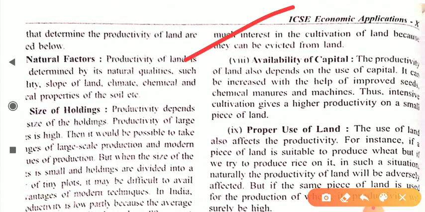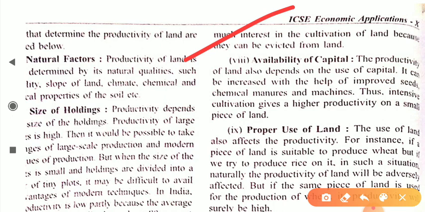Okay, dear student, so ownership matters. If an owner has his own land, he will do good, hard work. And if he takes the land from someone on rent, then he will not work with as much efficiency as he can on his own land.